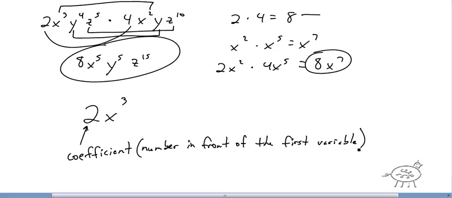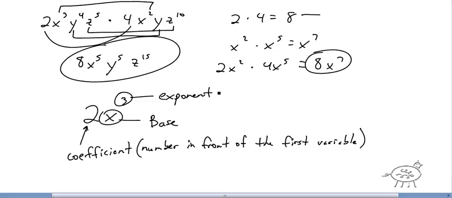Okay? This guy right here, that x, that's called our base. It's on the bottom. It's like a base of a building. The base holds up the building. That x is holding up that 3. So that's called our base. Okay, and then of course you already know this is our exponent. All right, so those are just a couple definitions.